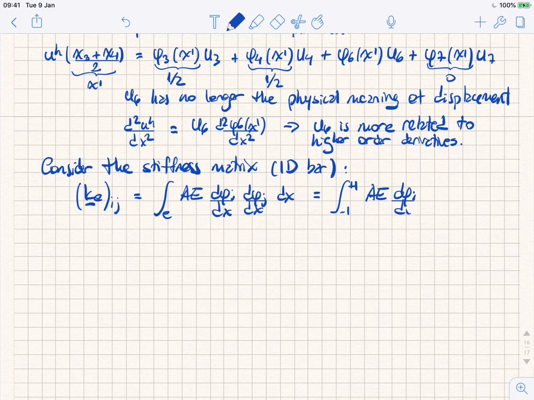So I have to change the derivatives d phi d psi with respect to x, and then I have to add the Jacobian.